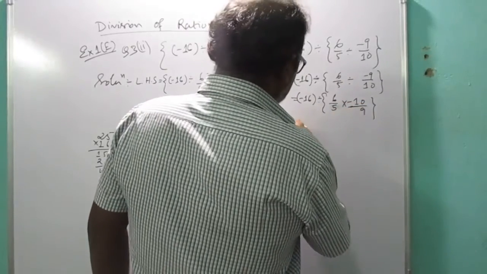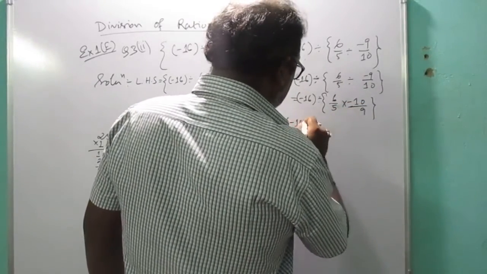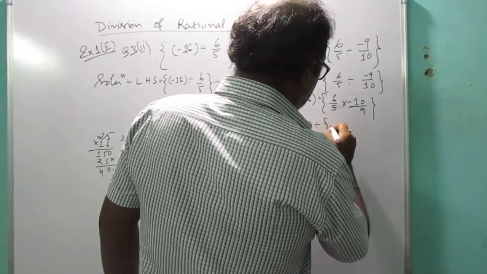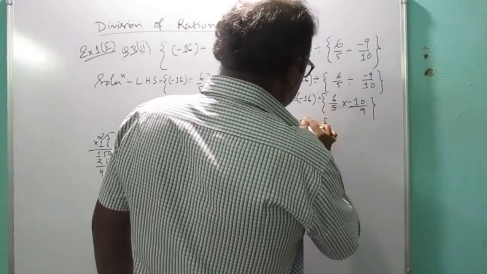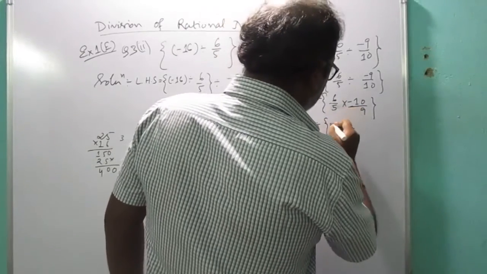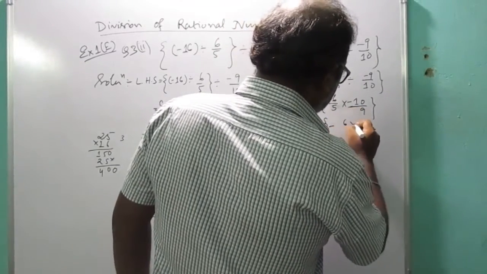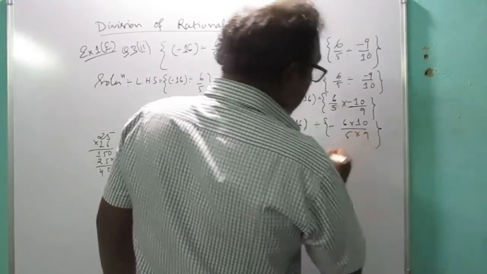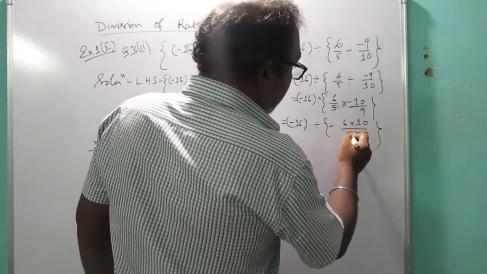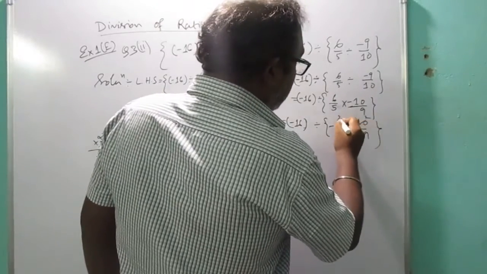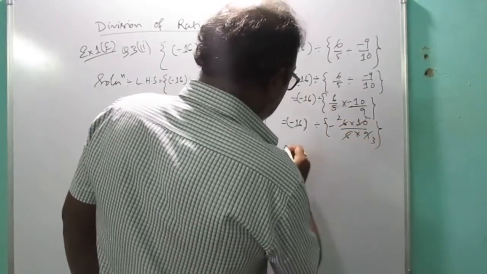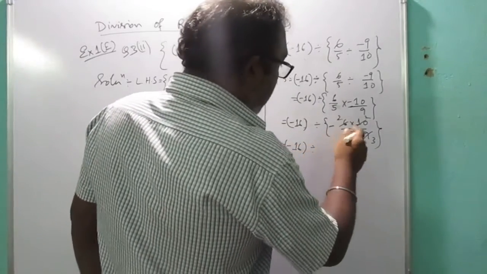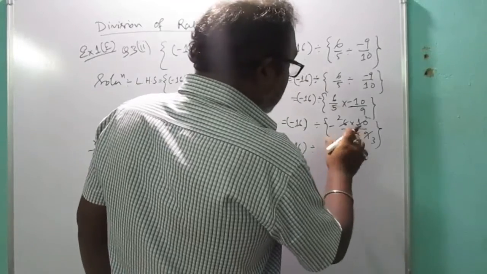Okay. So minus 16 divided by, here is division. So minus will come outside, and 6 by 10 by 5 by 9. Now 5 2s are 10, 3 2s are 6, 3 3s are 9. So what do we get by simplifying whatever is inside the bracket?